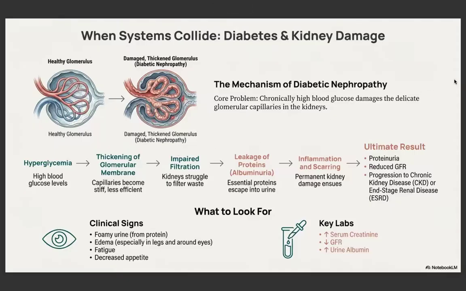All right. So when we're talking about kidneys, I also want to mention just a little bit about diabetic neuropathy because unfortunately, diabetes really impacts everything in the body, right? And the kidneys is one of those things that are also going to take a hit.